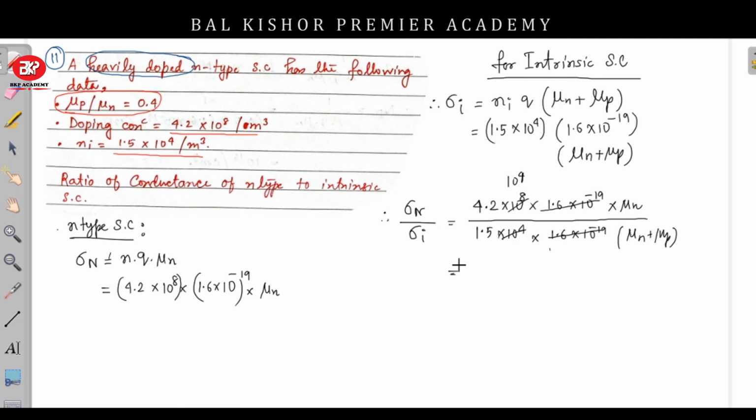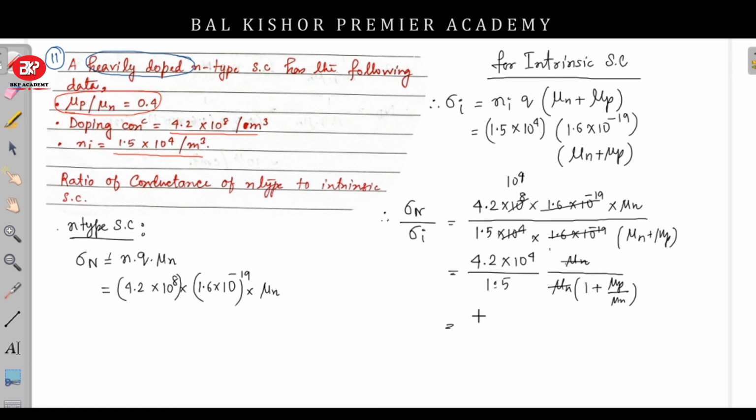सो मेरे पास अभी आएगा 4.2 into 10 to the power 4, नीचे होगा 1.5 और ऊपर में मेरा है mu n, और नीचे से अगर मैं mu n कॉमन लेता हूँ, so it will be mu p by mu n. और mu p by mu n का value है 0.4. So this mu n and mu n will cut down.